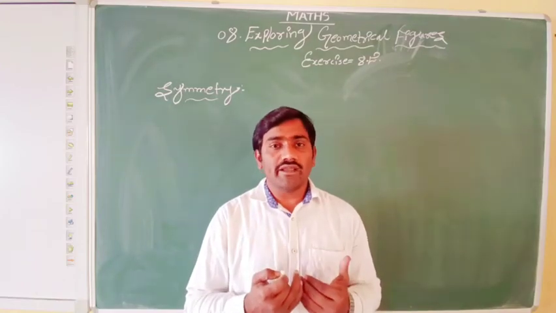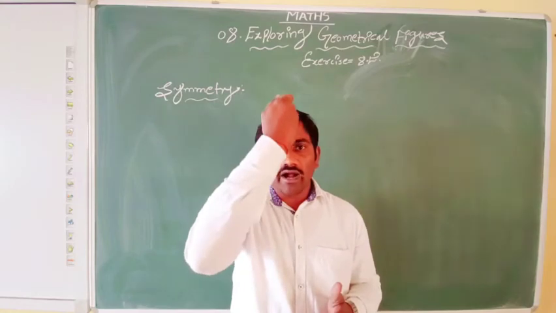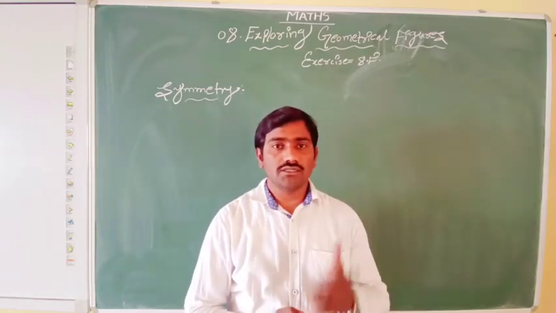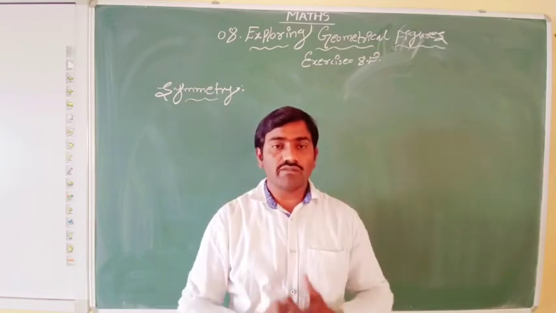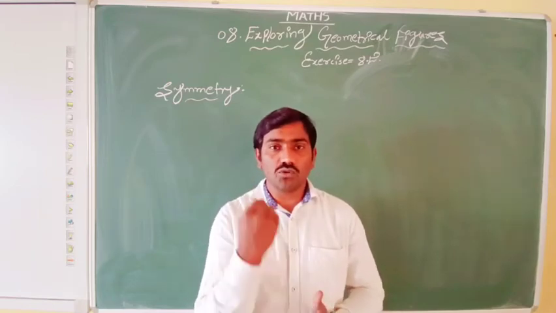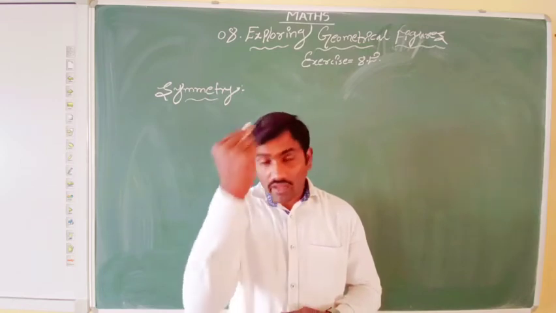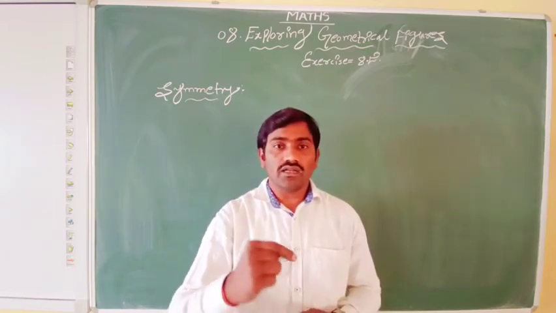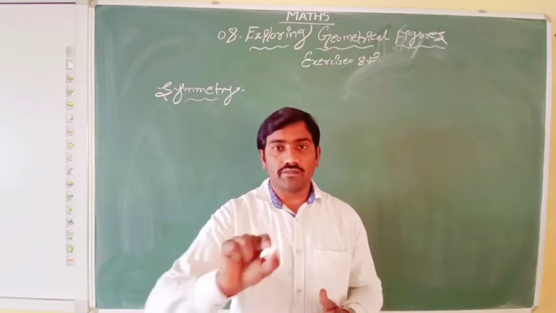Suppose I take the face of a human being. This face can be divided into two equal identical parts. Yes, at left side and right side, if you see clearly, it will be divided into two equal identical parts. There is not even a small change on either side. Then the face of a human being and some animal faces will be symmetrical.